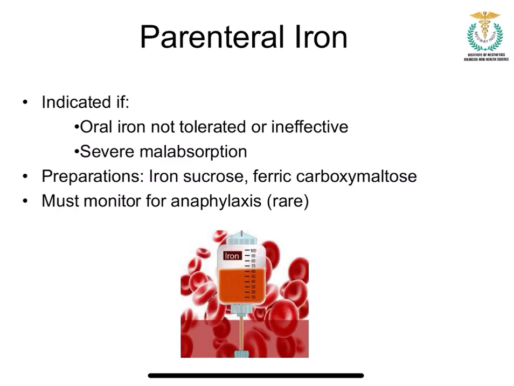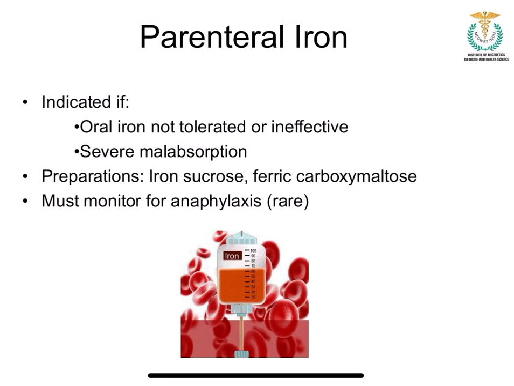Parenteral iron. Where is IV iron indicated? So in most of the cases in your OPD, you will give oral iron. But IV iron is indicated if oral iron is not tolerated or ineffective. So even after giving multiple courses of oral iron, if the hemoglobin is still low, what do you go for? You give IV iron. It is also indicated if there is severe malabsorption.